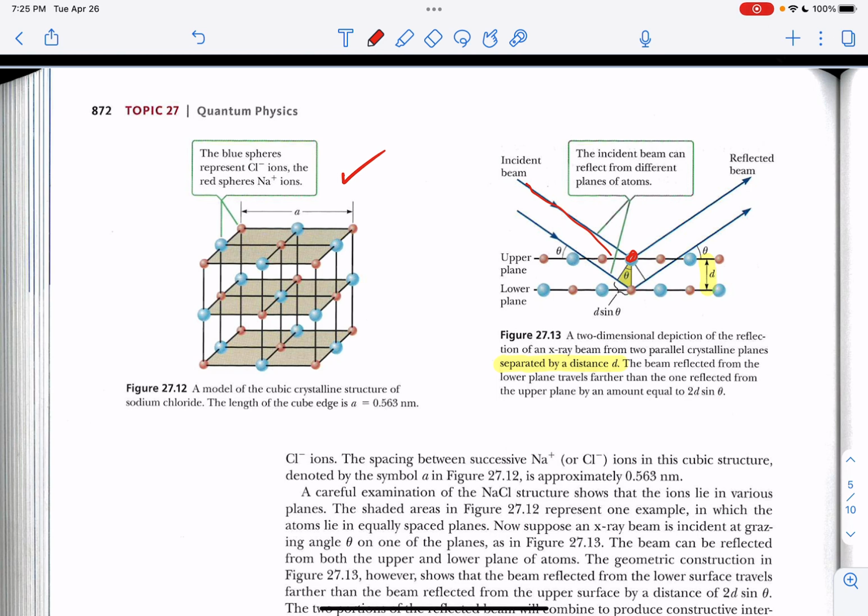It could be a cation or an anion. Some of the light, now I'm using these lines as rays instead of waves, might miss a particle in the upper plane, but strike a particle in the next plane down, or the next plane down after that. And as a result, you create that Laue pattern on a piece of photographic film.